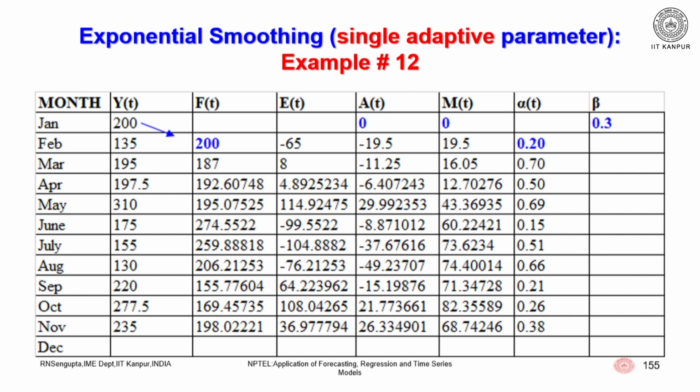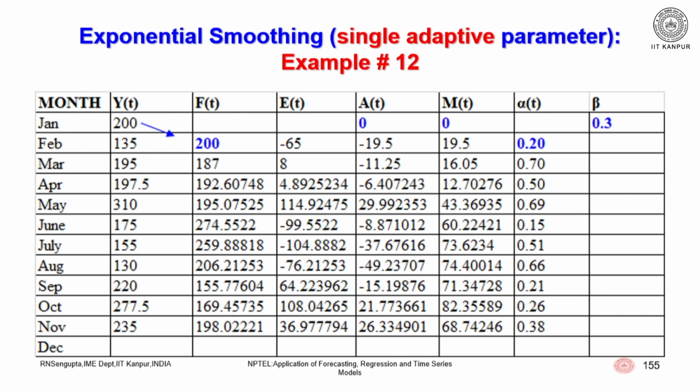In the second column, YT, as per the nomenclature, is the actual value, and in the third, fourth, fifth, sixth, seventh and eighth columns are the corresponding values for FT, which is the forecasted value, and the error, which is the difference between the actual value and the forecasted value. Then AT and MT, as you know, are the smoothed error and the mod of that smoothed error.